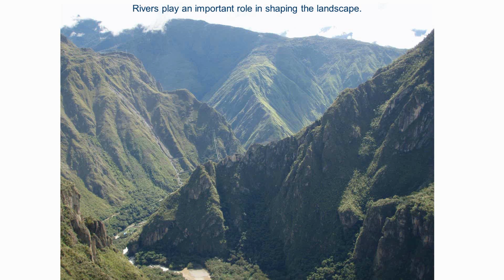Right, rivers play an important role in shaping the landscape around us. This particular picture comes from South America. The mountains there are being pushed up by lots of action in terms of tectonic plates crashing into each other and grinding against each other.